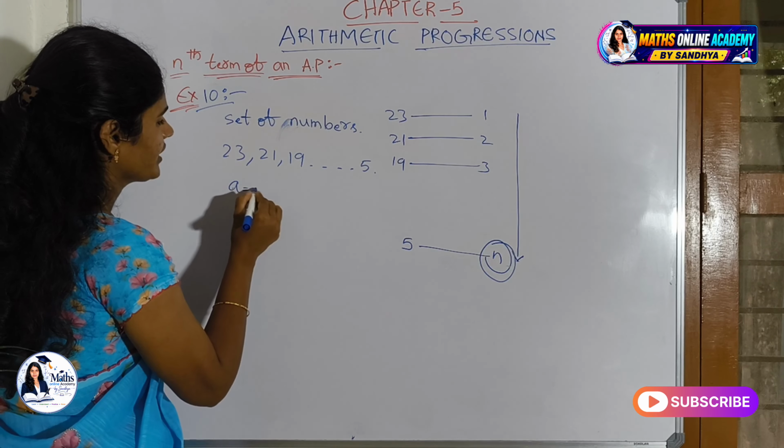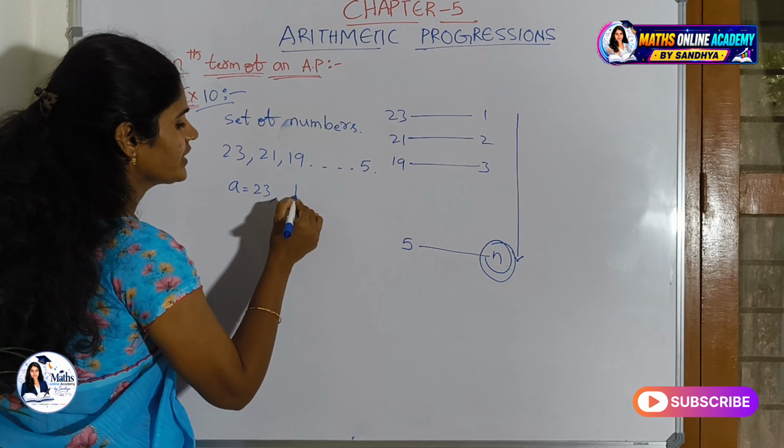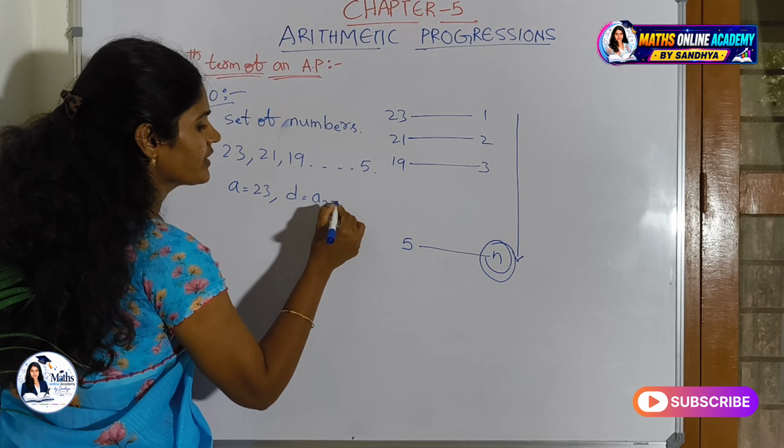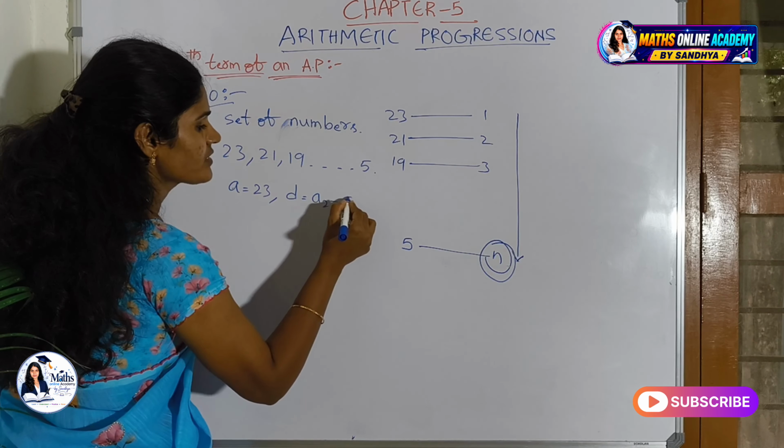So first term a equals 23, and d is A2 minus A1. A2 is 21 minus 23, so minus 2. This is the common difference, minus 2.